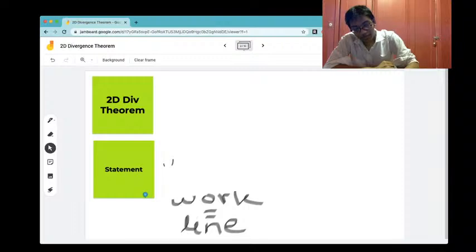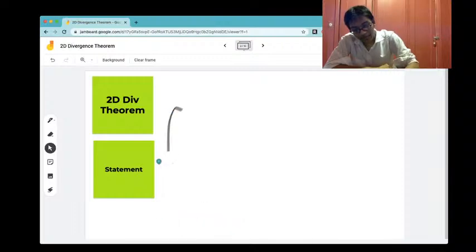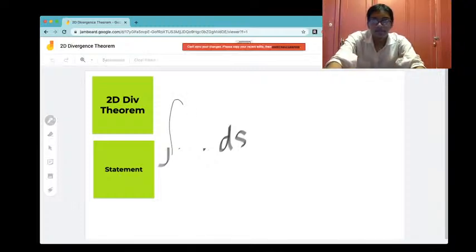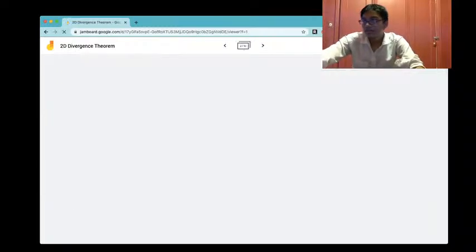We have the line integral of F dot r hat on some kind of path, and still something is blocking the periphery right here. Not exactly sure what it is. So we're going to just go ahead and reload this. Okay. So hopefully everything is going to be fine.